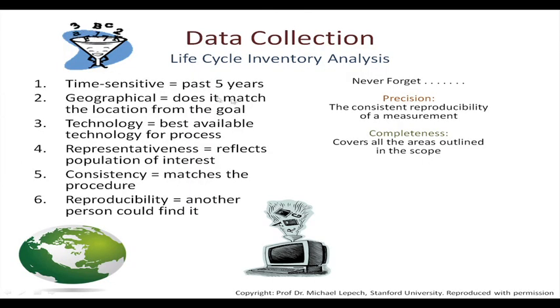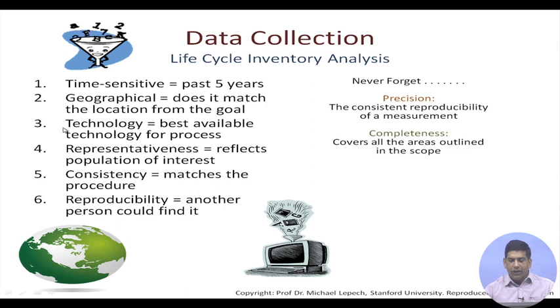So if we take that energy data and try to use it in an Indian context, of course our results will not be correct, isn't it? Because they have different environmental footprints. At the very beginning of the class, I showed you how, even if you just think about the water demand, it was so much different for different types of energy sources. So that's why your impact will be different. So this geographical region is important. Does it match with the location from the goal?